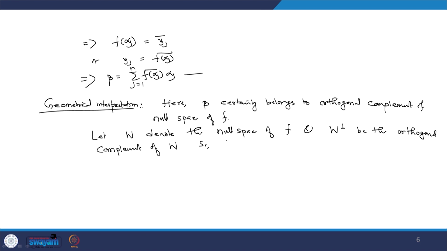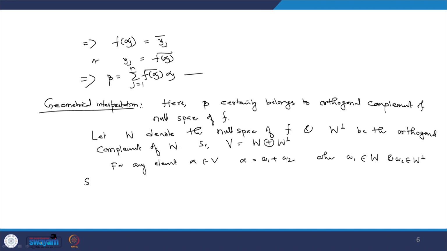So here I can write the vector space V as a direct sum of W and W complement, the orthogonal complement. For any element alpha belonging to V, alpha will be something like W1 plus W2, where W1 belongs to capital W and W2 belongs to W bar, the orthogonal complement.